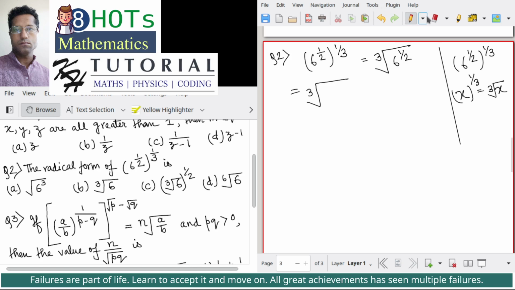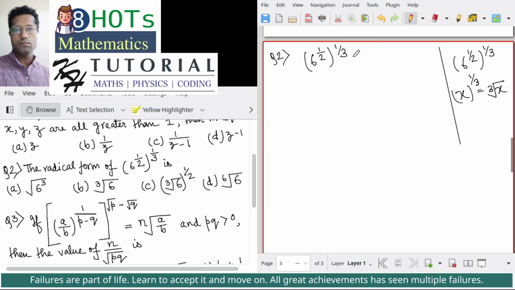I think I could have directly, since it is asking to convert this into the radical form, expressed this entire given exponential form in an exponential form where the power will be something like 1 by m. Then it will be the m-th root, where m has to be a positive integer.